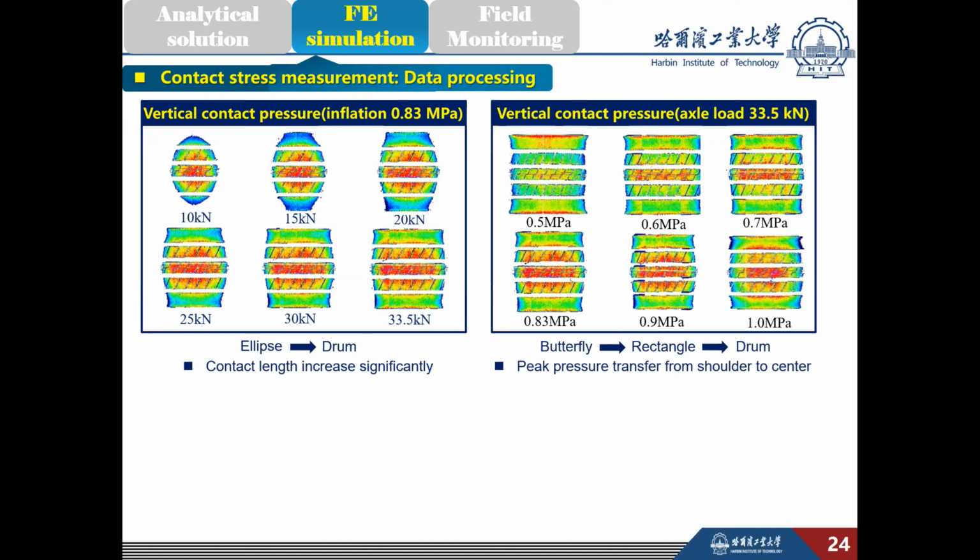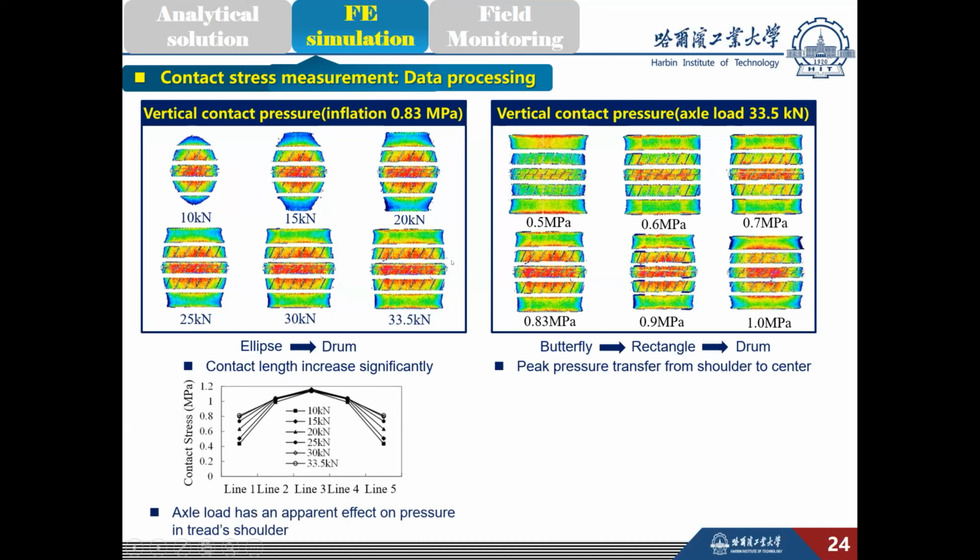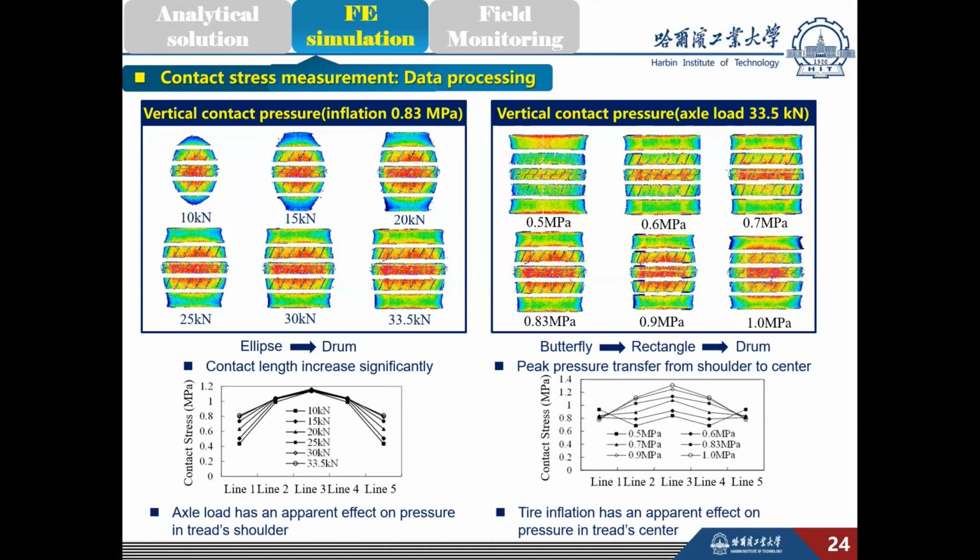The shape of grounding pressure shows a transition from a butterfly to a rectangle and finally to a drum with the increase of tire inflation pressures. Besides, it was observed from the figures that the axial load has an apparent effect on pressure in the shoulder, while the tire inflation has an obvious effect on pressure in the center.